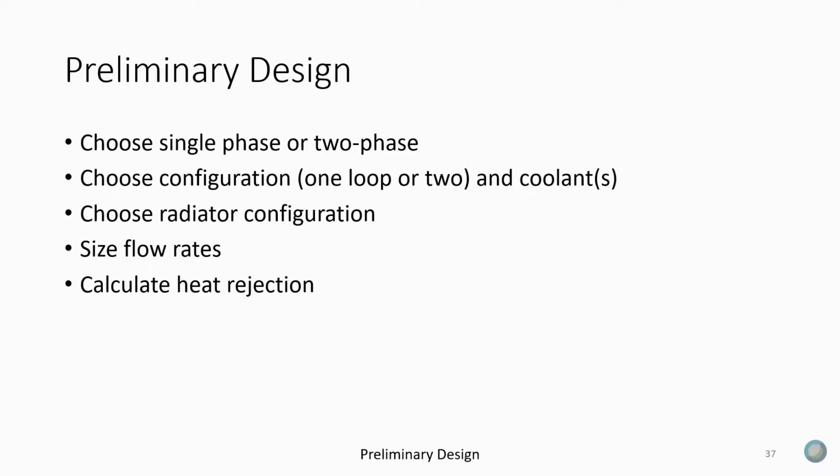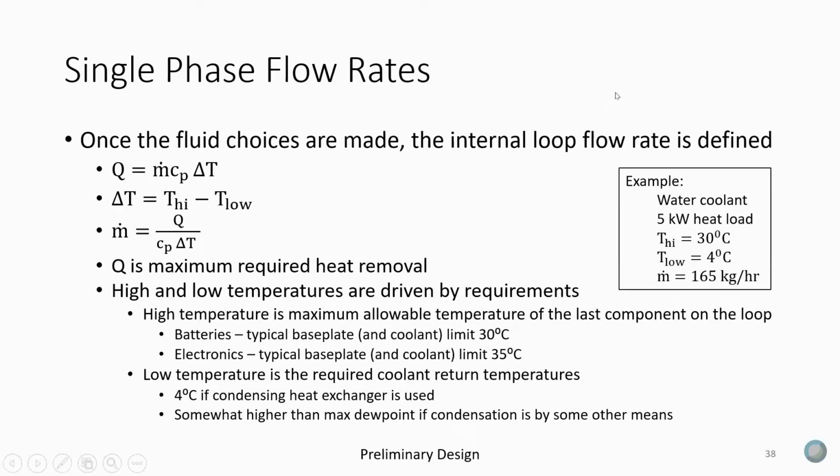Now calculate your heat rejection, and that's enough for a preliminary design that lets you size out what you really need for the system and what it looks like, and lets you build a schematic, a MEL, a master equipment list, and a power equipment list, so you can start doing things that you do in preliminary sizing.